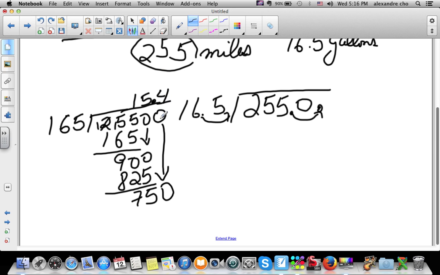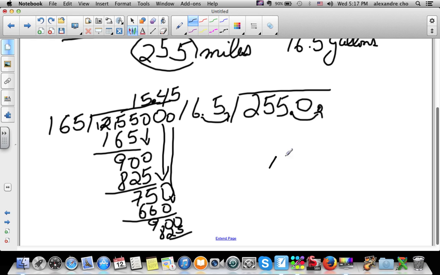And we're going to get 90 left over. We're going to bring another 0 down, and that will give us 5. We can stop here because the question says round to the nearest tenth.